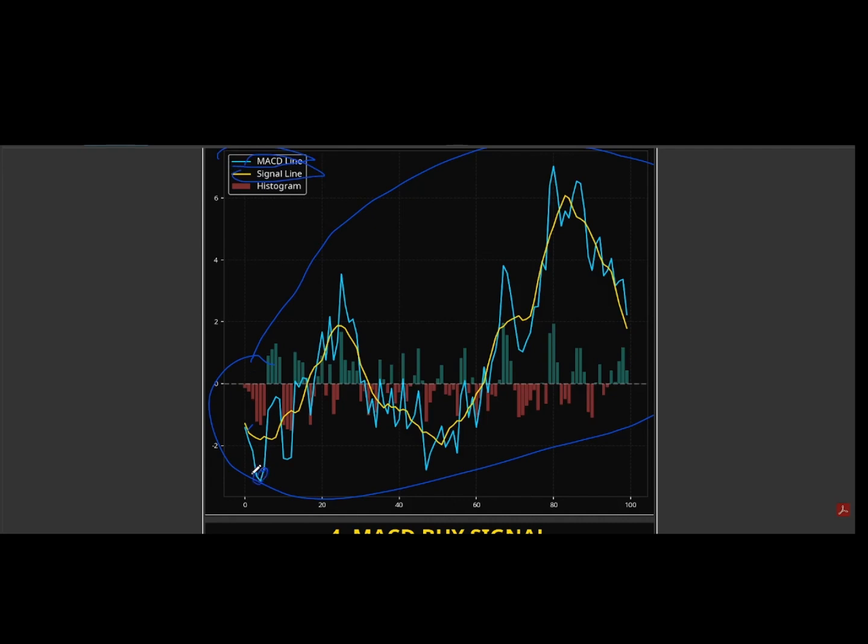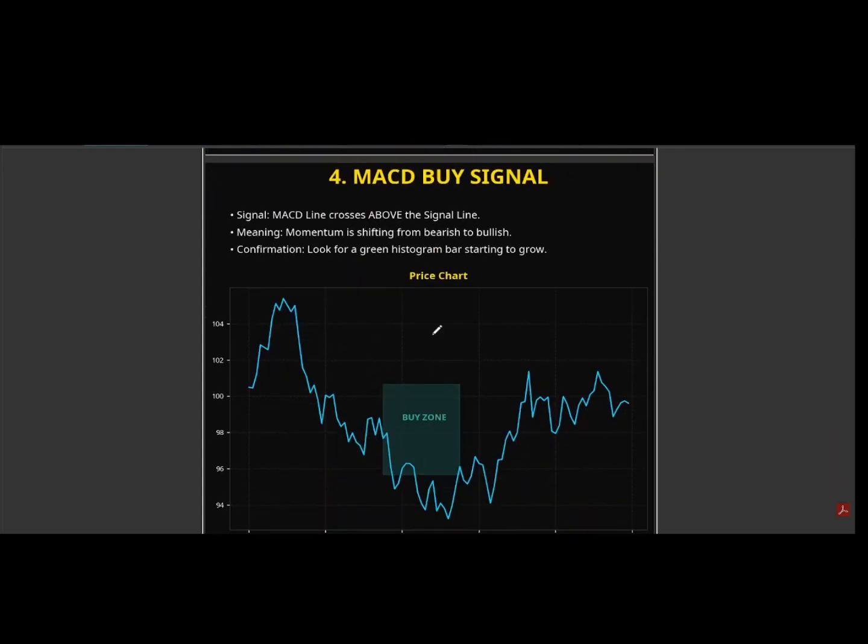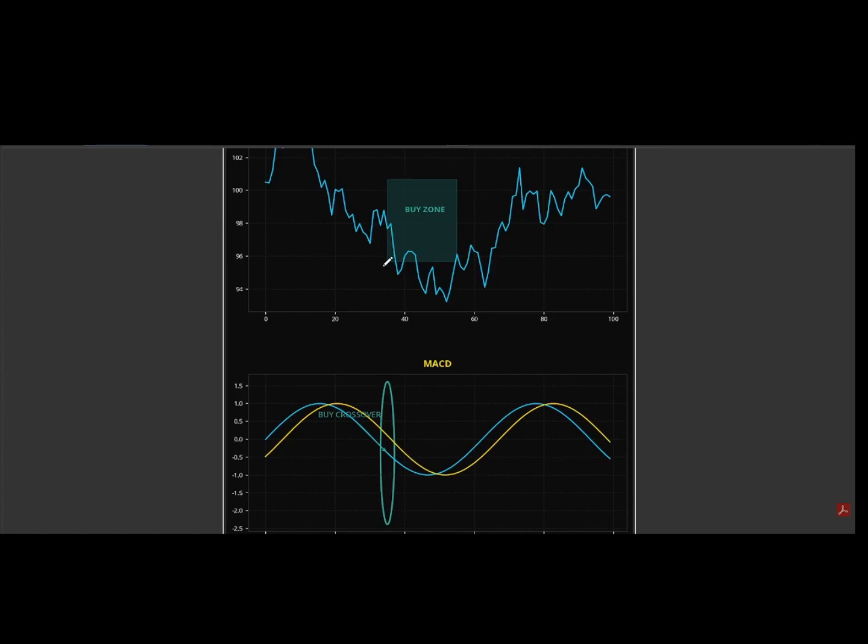Now how traders generally use this indicator to make money is, once you see the MACD line crossing over the signal line, this point acts as a good buying signal. And when the MACD line crosses down below the signal line, this point acts as a good sell signal. That is how traders generally use it. Now let's see how they use it for a buy signal more clearly.